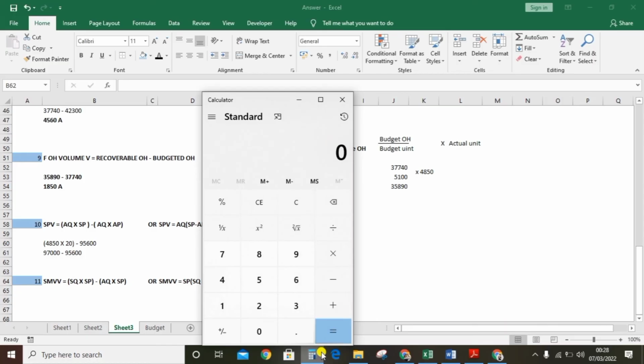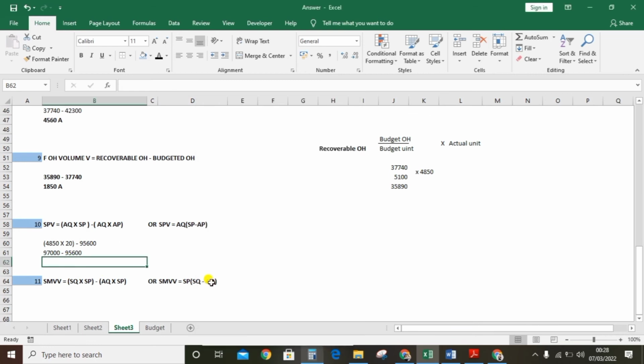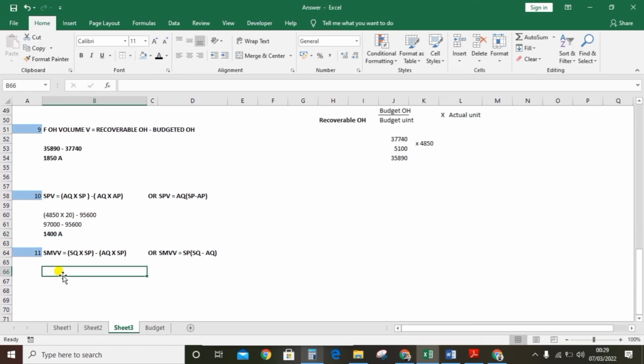So 1,400 is adverse, because sales more than budget is favorable, and sales less than budget is adverse. So 1,400 is adverse.